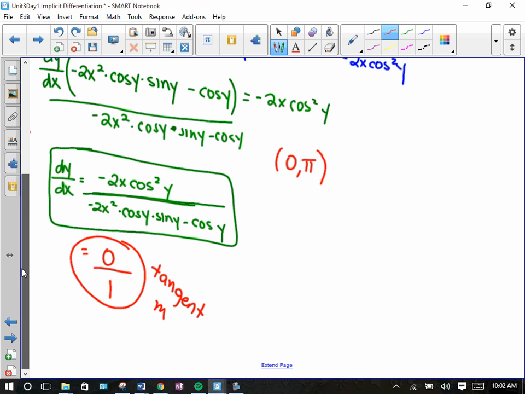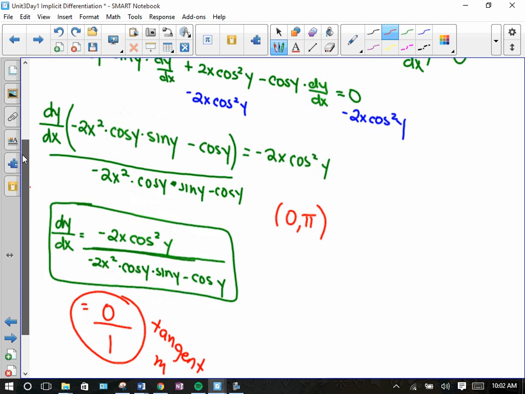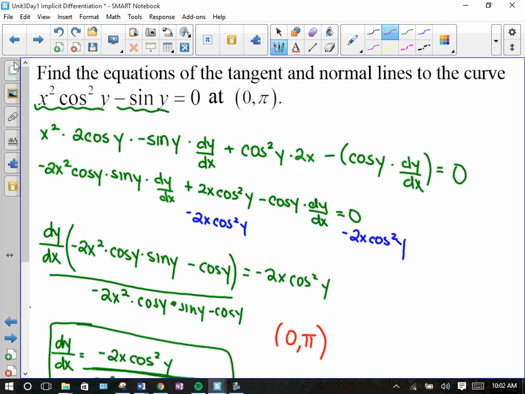So the equation of the tangent line would be y minus pi equals 0 times x minus 0, which is just y equals pi. That's our tangent line, and our normal line does not exist because it does not have a slope.